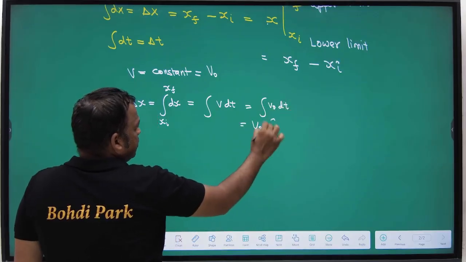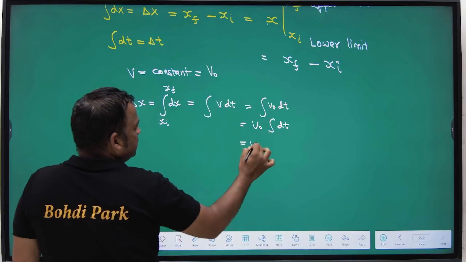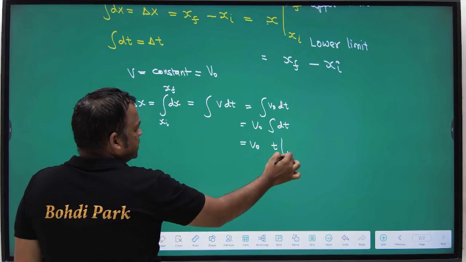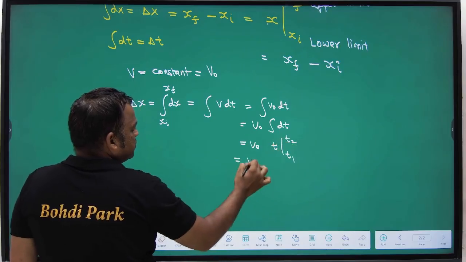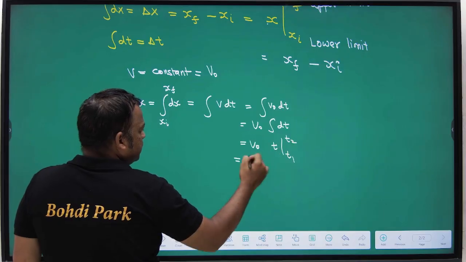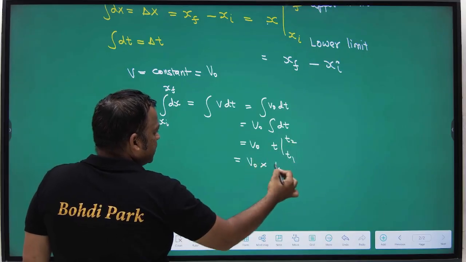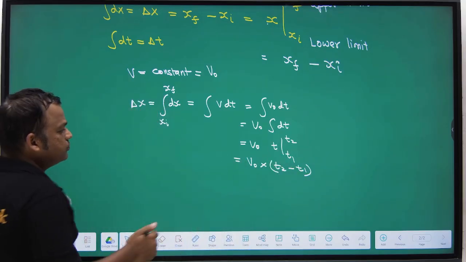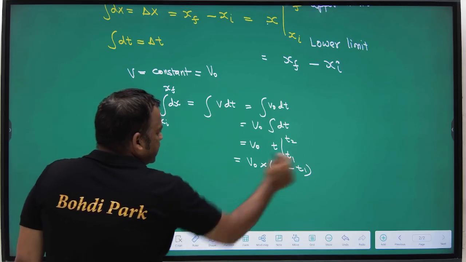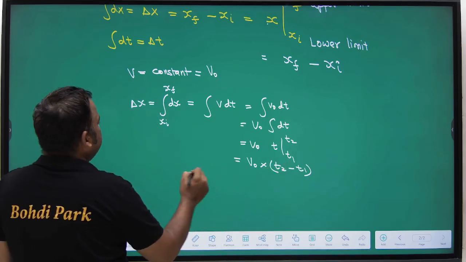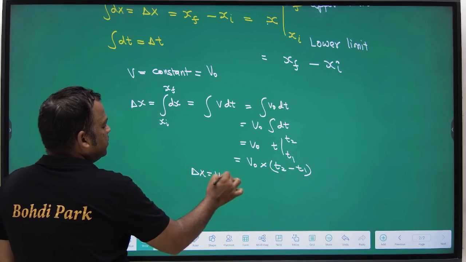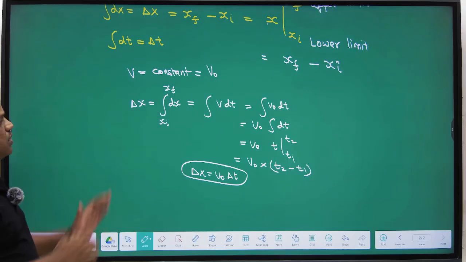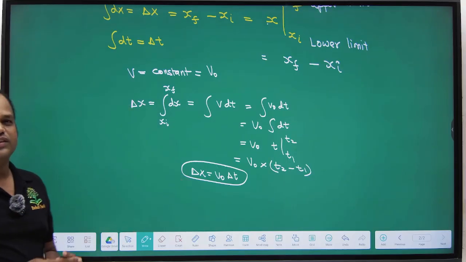So this is v naught outside, integration of dt, and this integration of dt will be t with limit t1 to t2. So this will be v naught into t2 minus t1, upper limit minus lower limit. So we have delta x is equal to v naught into delta t. So this is how we solve when velocity is constant.